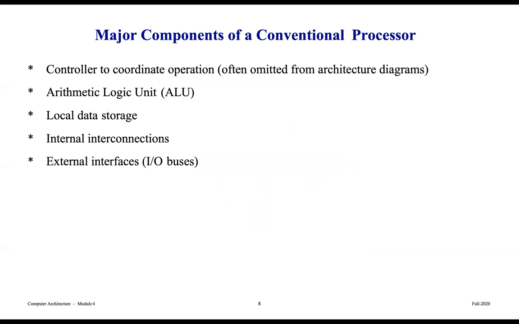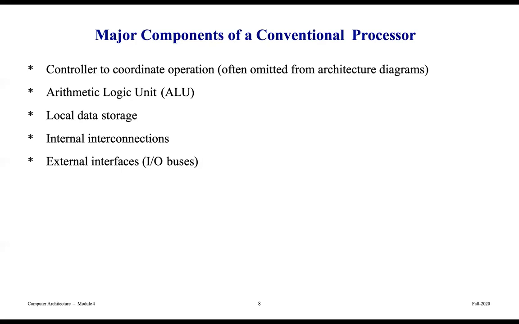So the main components of a conventional processor: there's a controller to coordinate operations, and often this is omitted from the architectural diagrams. When we get later in some of the material in the course, we will see how some of that starts to work its way into things that we have to consider. There's the arithmetic logic unit, where you can be doing all kinds of different things, such as addition, subtraction, multiplication, division.